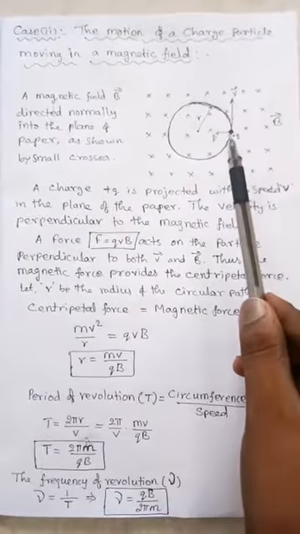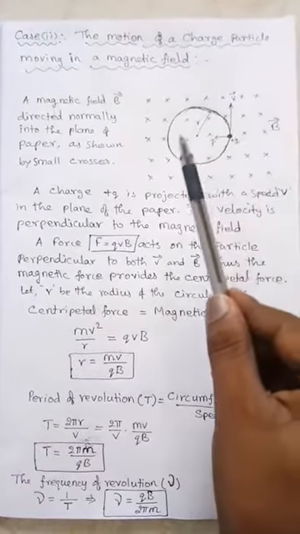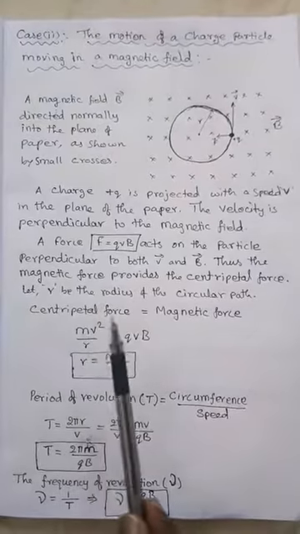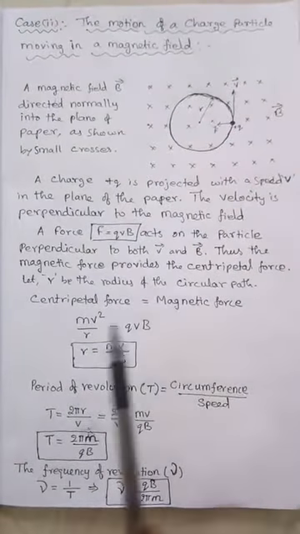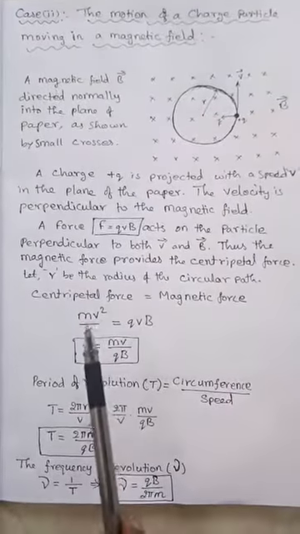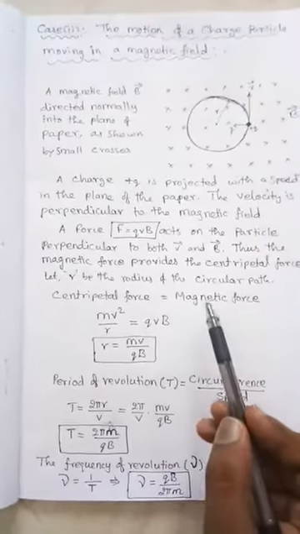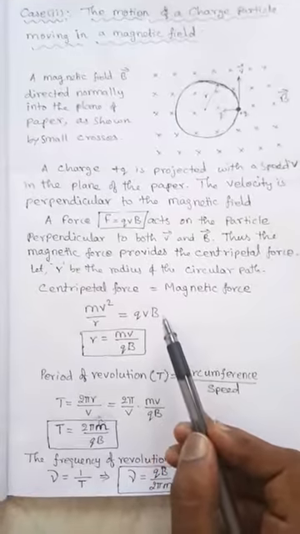So here the centripetal force and magnetic force are equal. You know the formula for centripetal force, mv squared by r, which is equal to the magnetic force qvB.